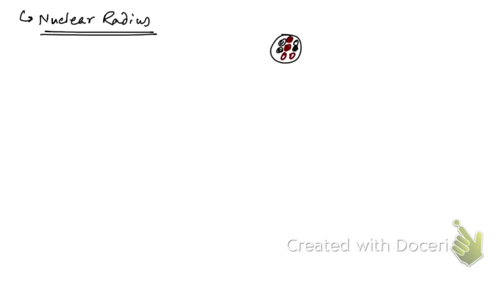The number of protons plus the number of neutrons gives you the mass number. The more protons and neutrons, the larger the size, so its volume must be proportional to the mass number.